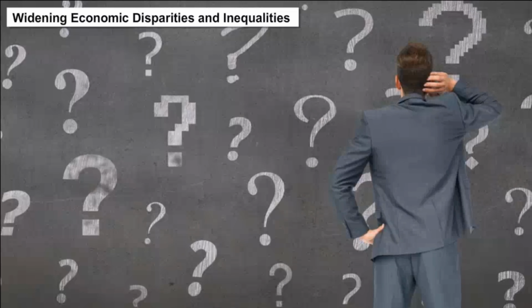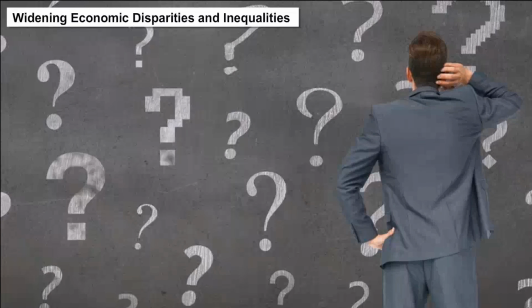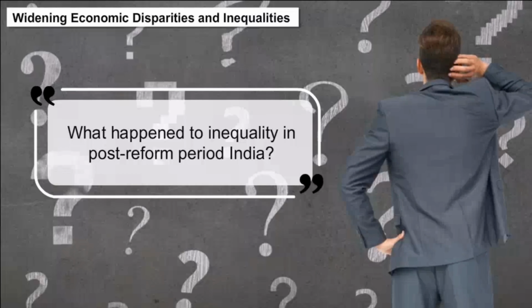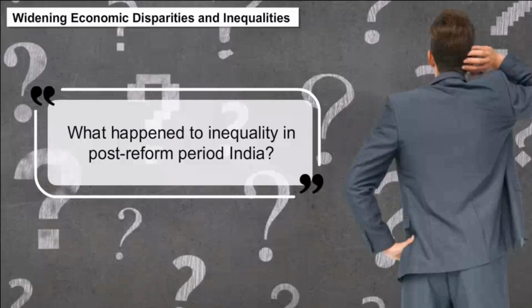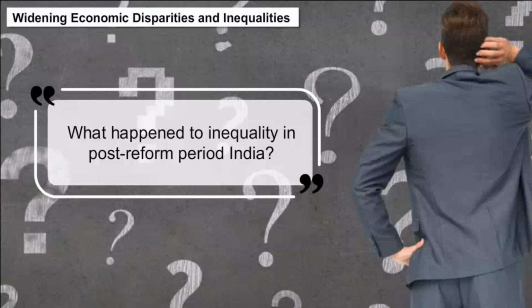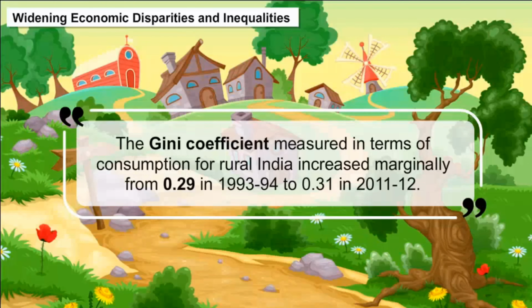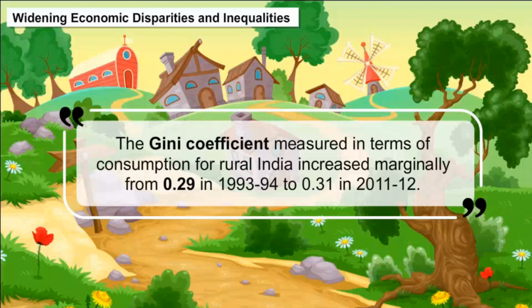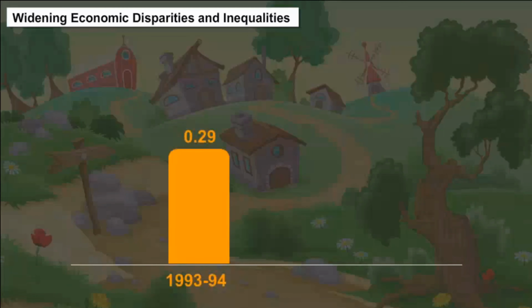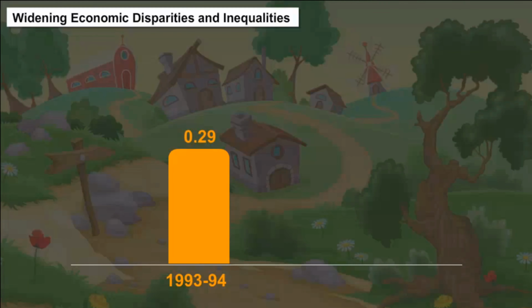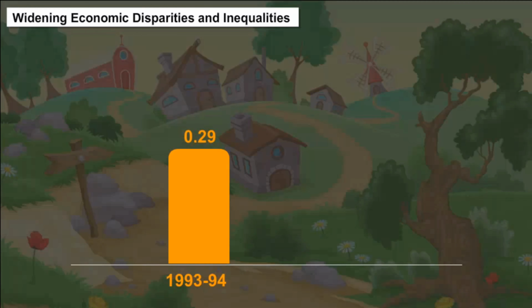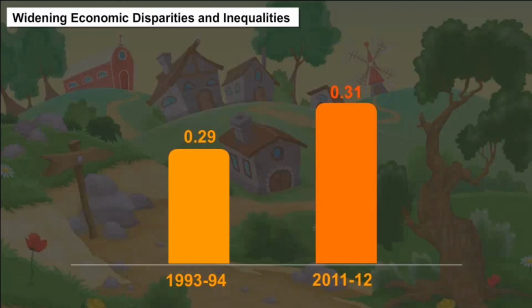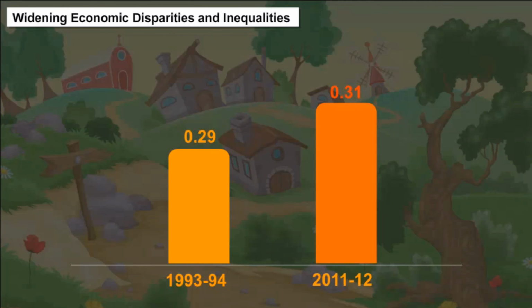Widening economic disparities and inequalities. What happened to inequality in post-reform period India? The Gini coefficient measured in terms of consumption for rural India increased marginally from 0.29 in 1993-94 to 0.31 in 2011-2012.